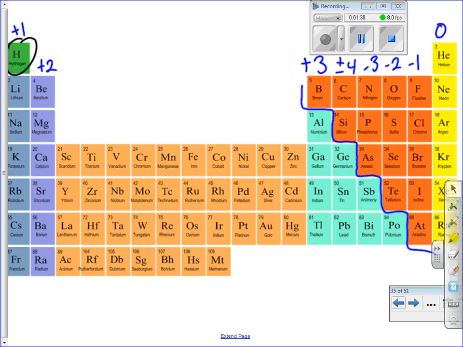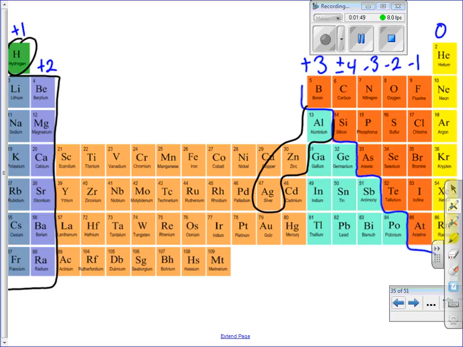Type 1 metals live in the first two columns on the periodic table, and aluminum, zinc, silver, and sometimes cadmium we talk about. Those are considered type 1 metals because they only have one oxidation state.